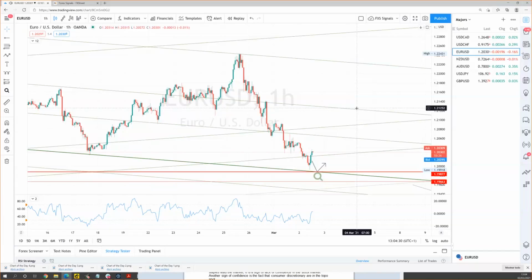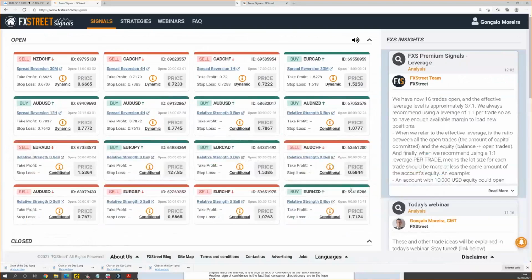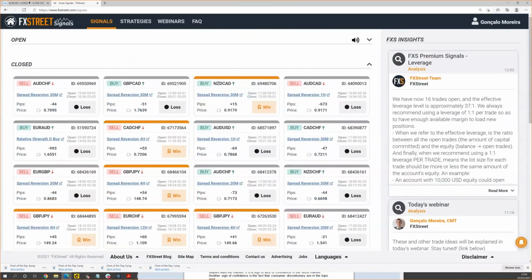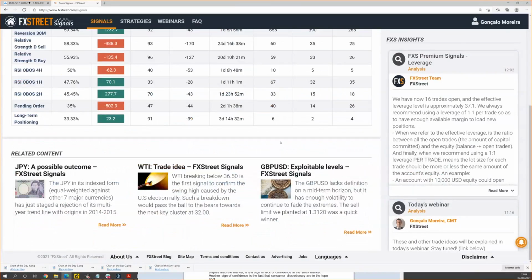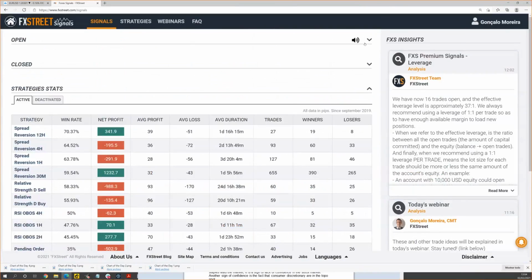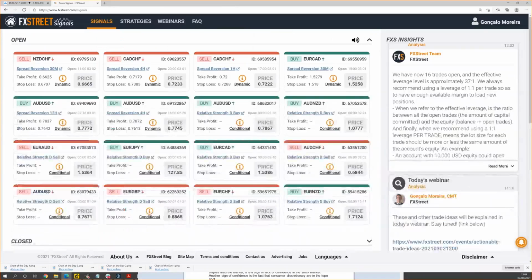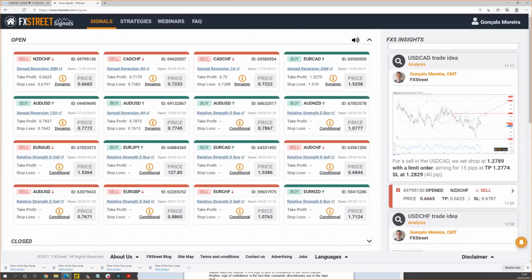Today is an open day, so usually these webinars are part of the premium service, specifically part of the signals service we offer. This is how it looks when you are in. We have the open positions, the closed positions, the strategies, and on the right side there is the analysis we post during the day, also the chips or the signals.